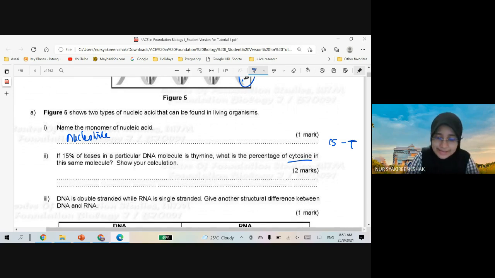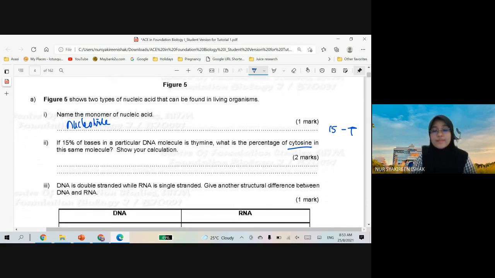Boleh tak bagi saya an instant answer? Saya nak tahu apa jawapan awak. How do you do this calculation? Can anyone give me an instant answer so that I know, oh, okay, adalah yang faham soalan ni.